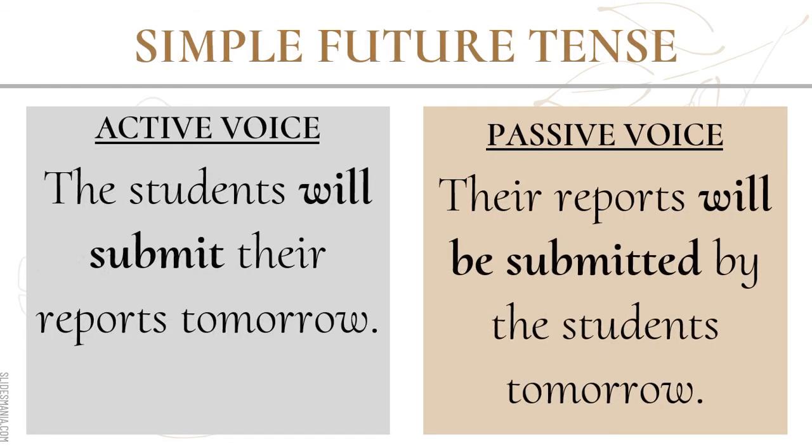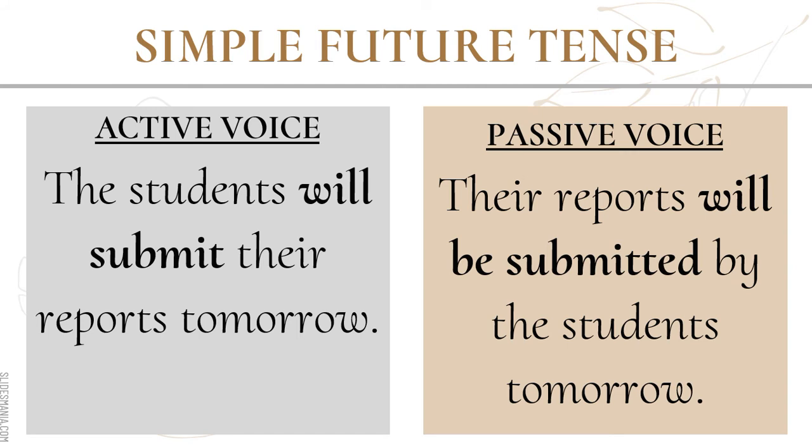Next, for the simple future tense, for the active voice, of course, the use of will. So the students will submit their reports tomorrow. Okay? The word will signifies a future event, something that is about to happen, or something that will happen in the future. So for example, we have the students will submit their reports tomorrow.